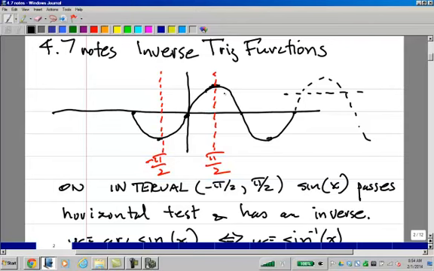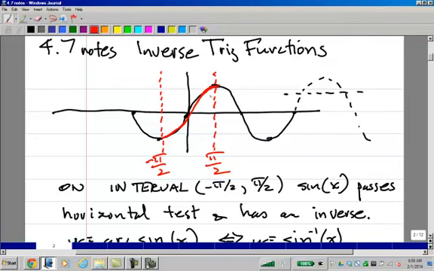However, if you look at this interval right here, this interval from negative pi over 2 to pi over 2, then the sine function is 1 to 1, and it passes the horizontal line test.